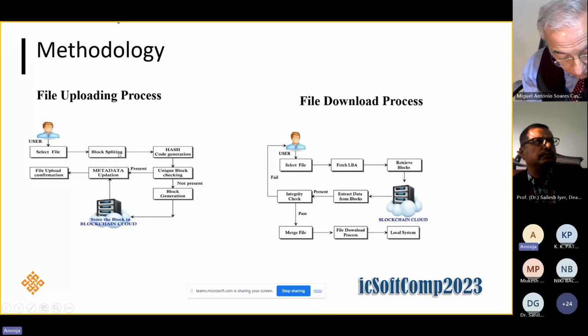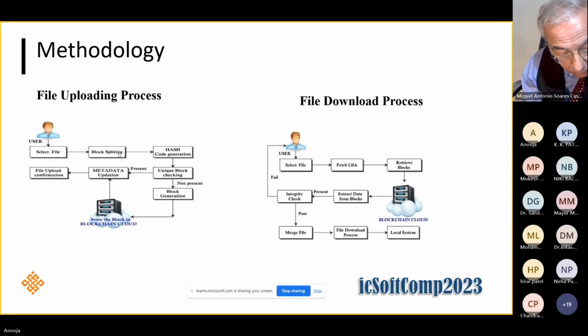The MD5 hash code is generated and the data is uploaded. In the file downloading process, again the user will select the file, it will be located based on the logical block addressing, the data will be retrieved, the integrity of the data is checked, and the file is downloaded.